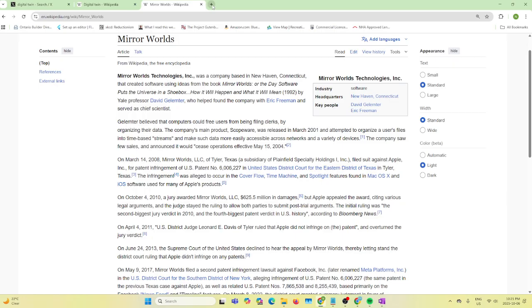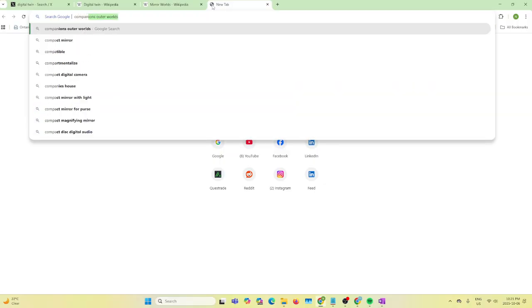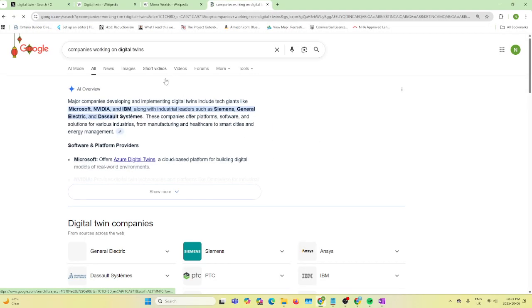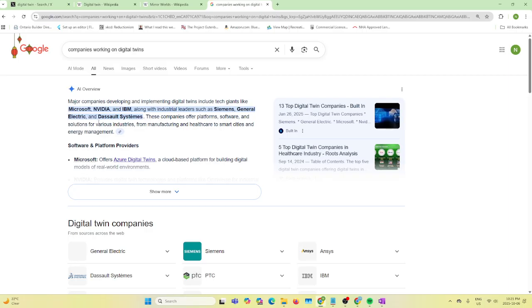So I'm curious, what are the companies working on digital twins? Microsoft, obviously. Okay. NVIDIA, IBM, Siemens, GE, Dassault Systèmes.